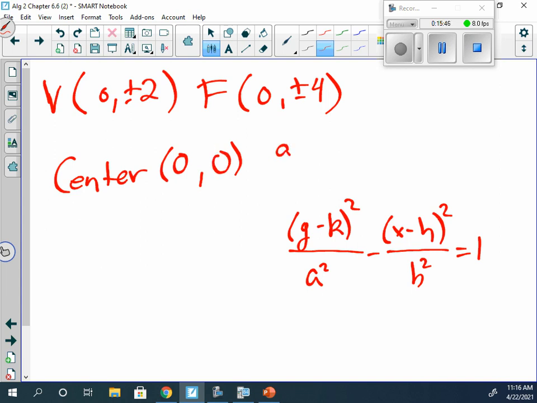Now we need to find the values of a, b, and c. Well, the vertices would be dealing with our a. So we need to see 0 plus what gives us 2 and 0 minus what gives us negative 2. 0 plus 2 is 2. 0 minus 2 is negative 2. And c, along the same lines, is going to be 4, because 0 plus 4 is 4. 0 minus 4 is negative 4.